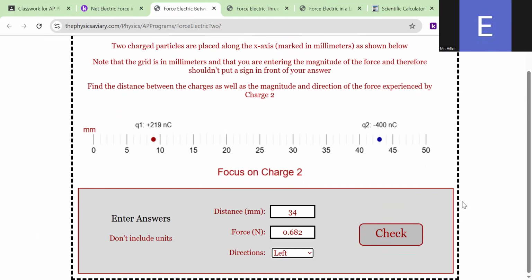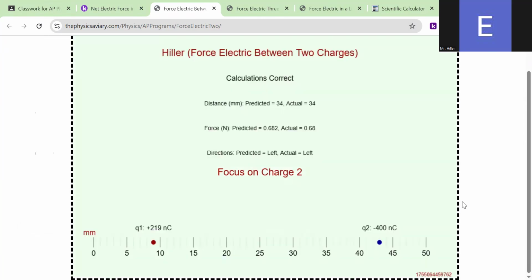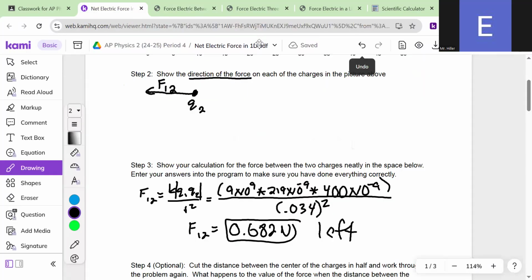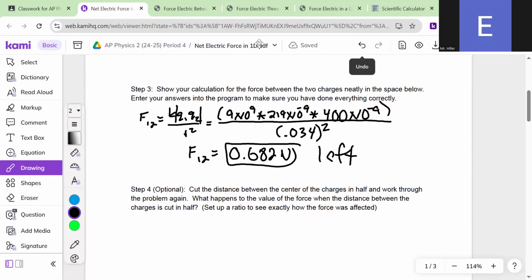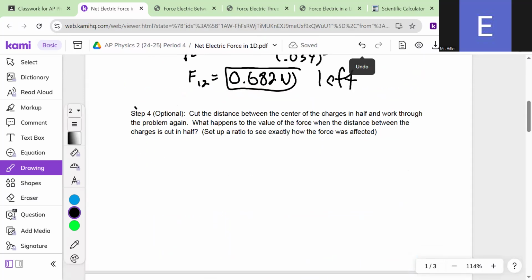There we go. And there we go. You can see that I was able to get question number 1 right. Hopefully you were able to get question number 1 right as well. Let's move on to question number 2. And yes, we're not doing step 4.